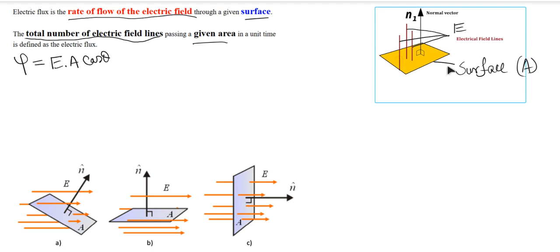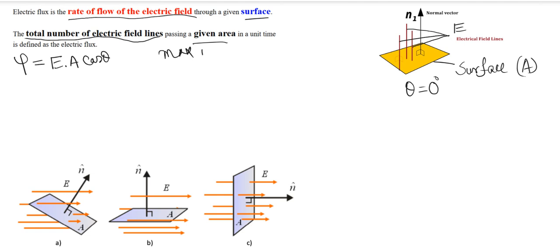Here we can see this is the surface, and the normal is at 90 degrees to the surface of the area, the black arrow. Here the normal and the electric field lines are parallel. It means the value of theta here is 0 degree. Hope you understand. Now we have to find the value of maximum flux and minimum flux.